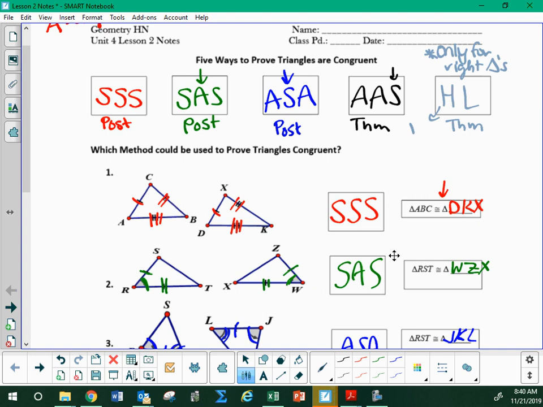And leg. Good. So we have hypotenuse and leg. So even though these other 4 methods require 3 pieces of information, HL makes it look like we only need 2, but technically it's still 3 pieces of information because only right triangles have hypotenuses.